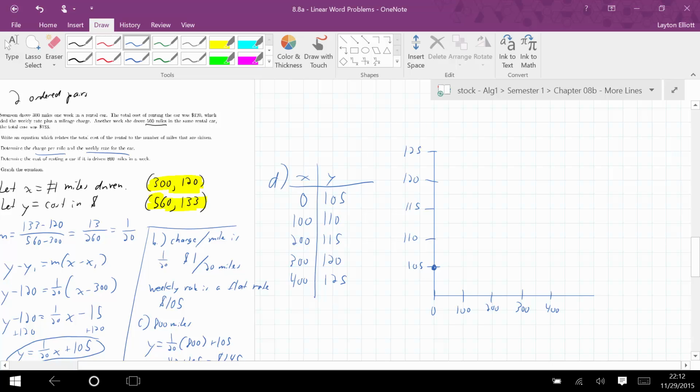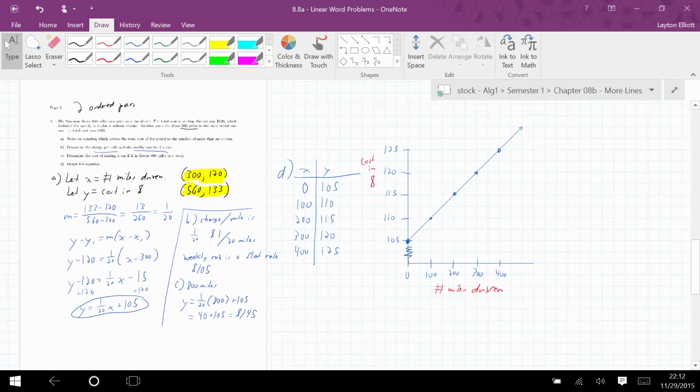Put some points down and create a break line here, then a point here, then a point here, then a point here, then a point there. Connect them, maybe go a little further and show that it goes forever, and then label my axes. My x-axis was number of miles driven, and my y-axis is the cost in dollars. So that's kind of it for those.